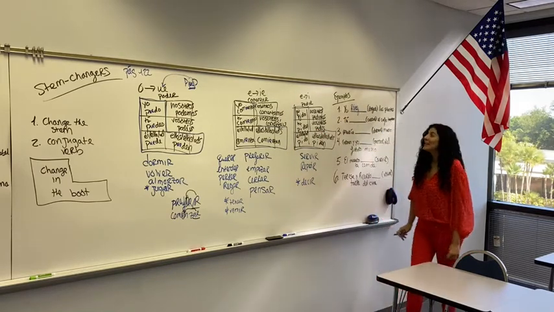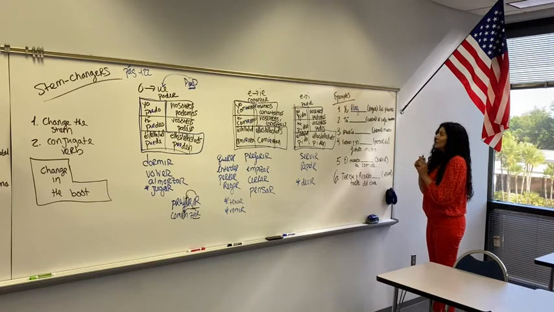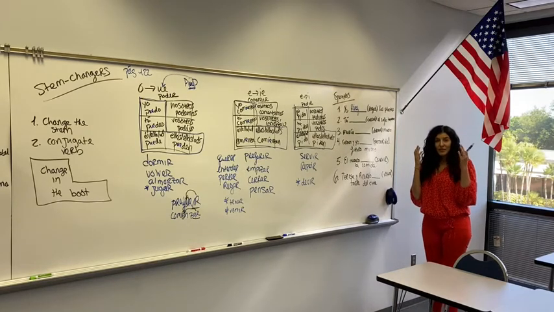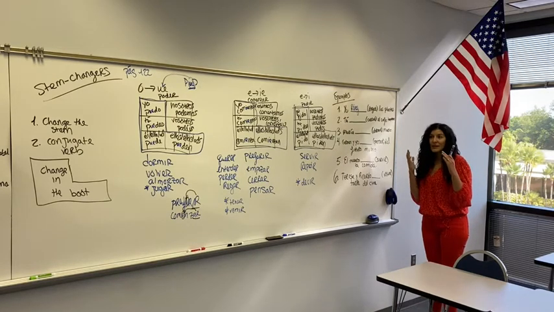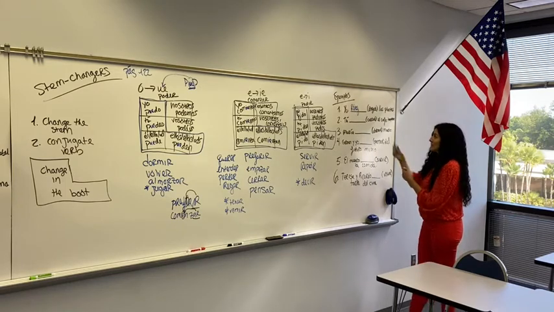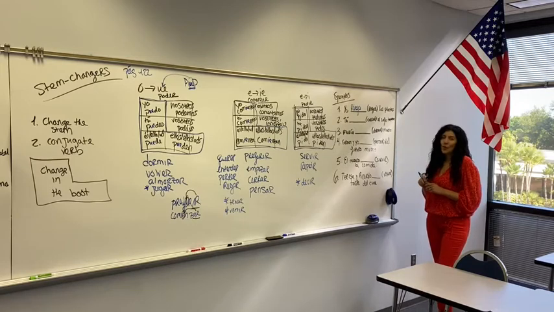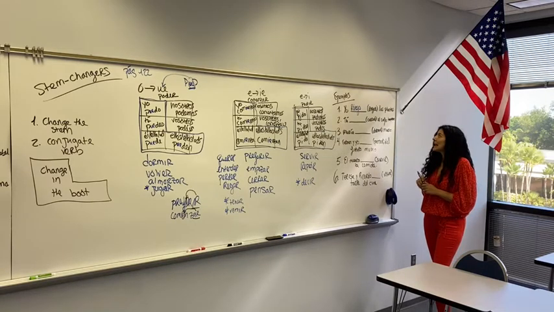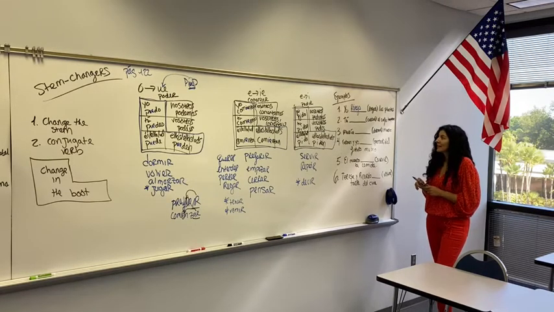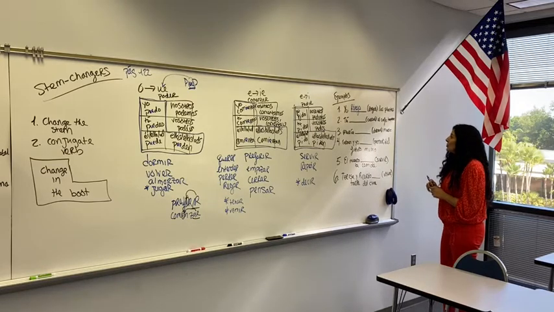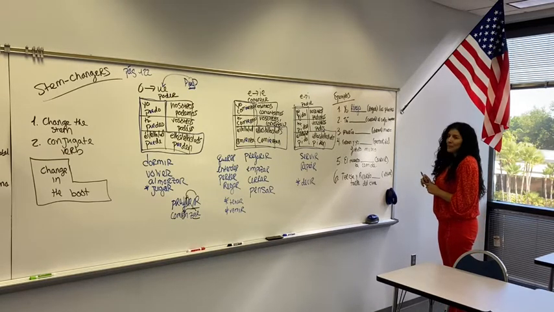Okay? Now, all I need to do is write the yo AR ending in the present tense, which is O. Riego. Yo riego las plantas. Here, we have tú cerrar el café temprano.